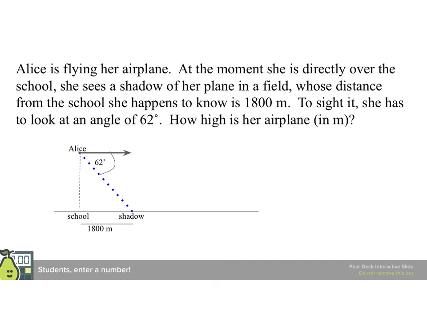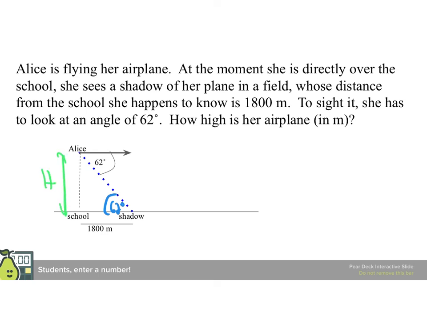And this is really pretty close to a standard trig problem. We're going to say, well, by the theorem that a transversal of two parallel lines creates alternate interior angles that are the same, this is also 62. And I'm going to name the height h.